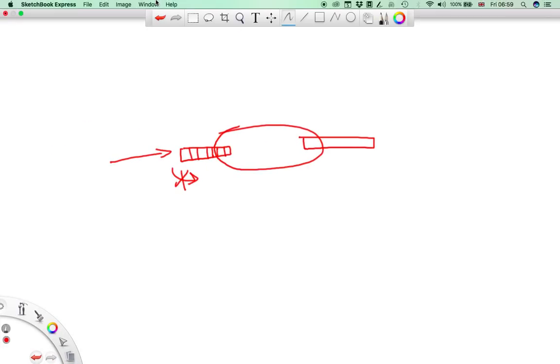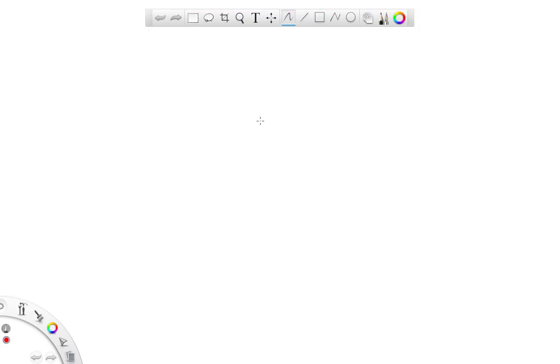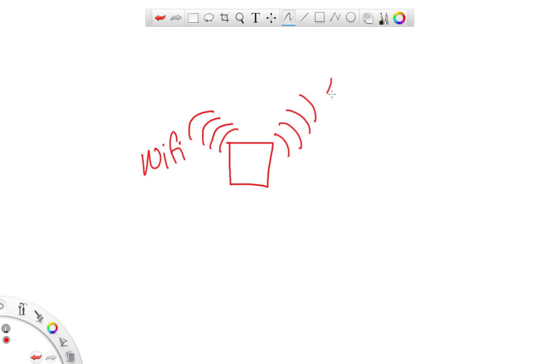So let's say we have a device, your smartphone. It is connected to your Wi-Fi network, and it is connected to 4G. Let's take these two networks as an example.